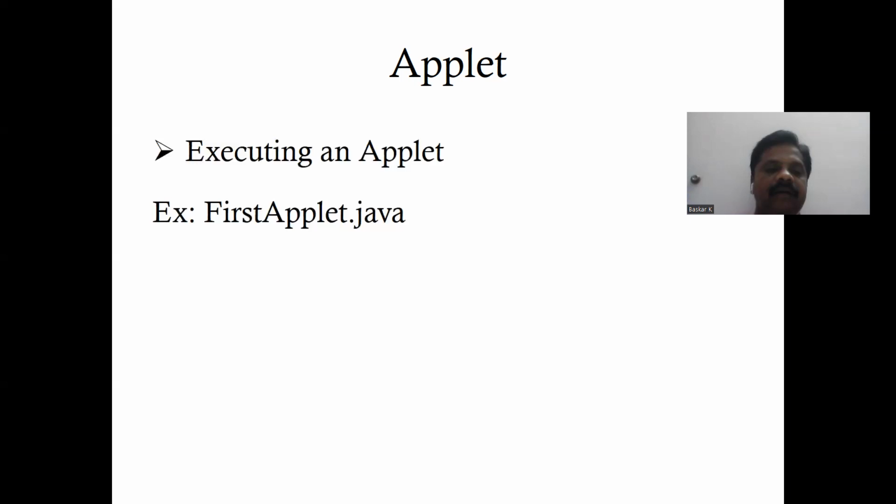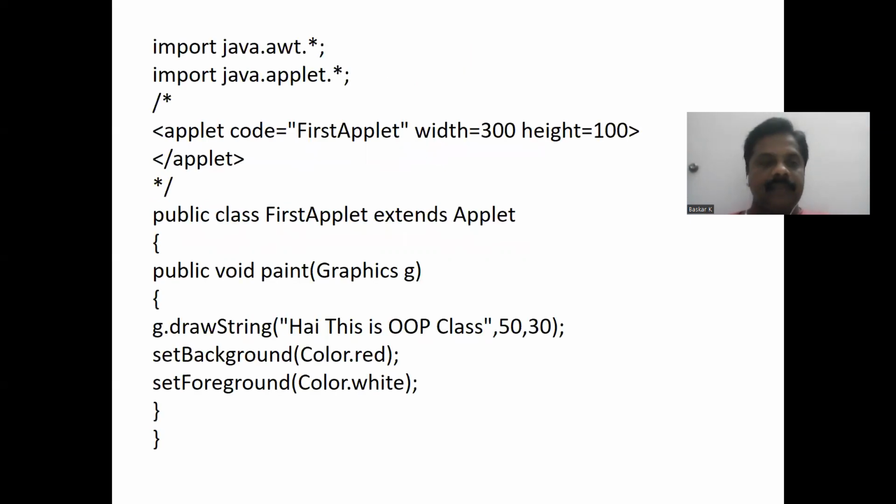Next, if you want to execute an applet, we have some programs. I'll execute those programs in a lab session. Okay, so this is the program for applet. Let us see what methods and libraries are imported here, like import java.awt and java.applet.